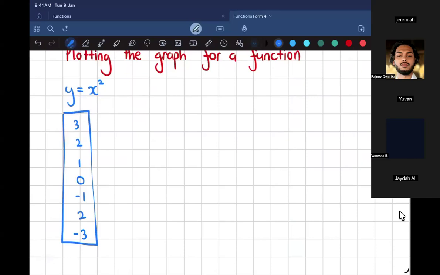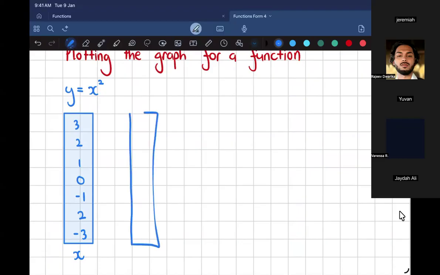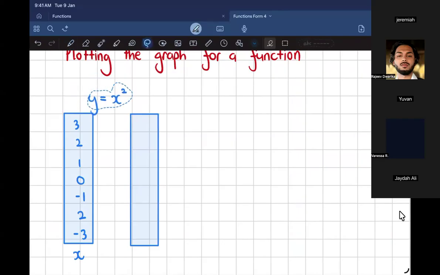If my function is y equals x squared, what am I doing with it? Yvonne, what am I going to do with these x values? The function is y equals x squared. So what am I going to do with the x values?